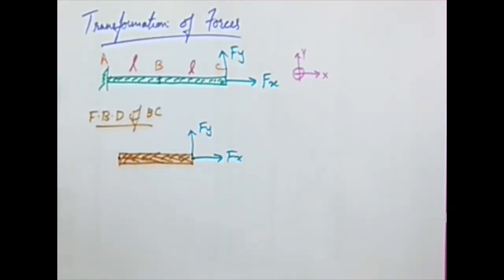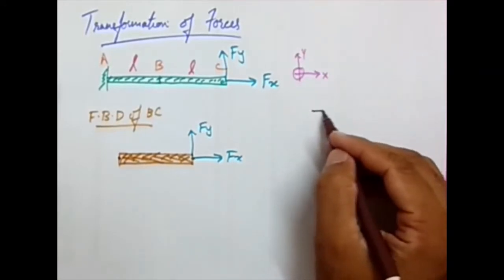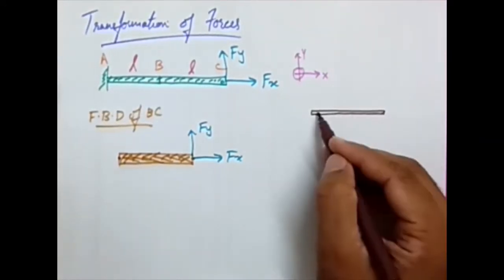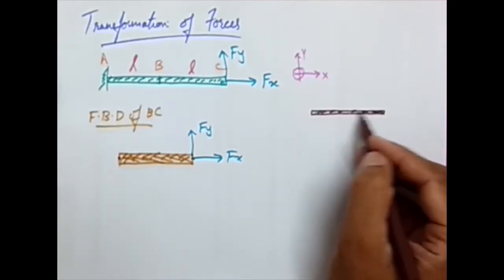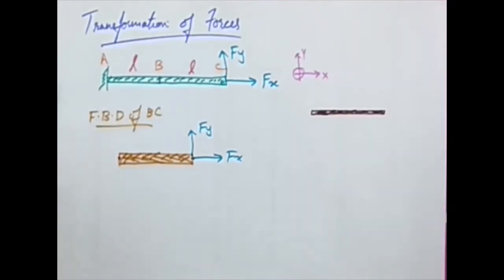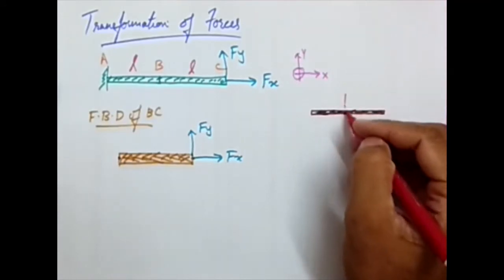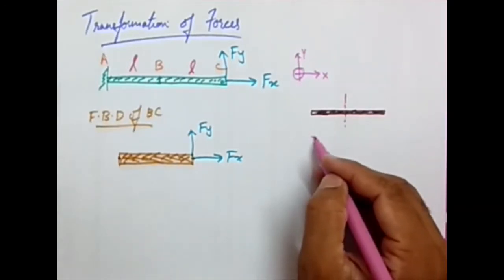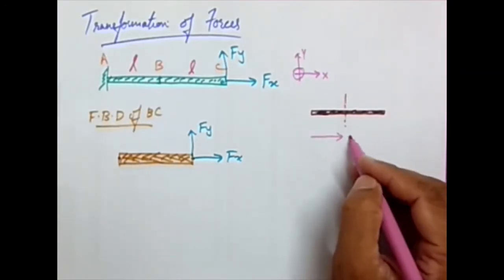Now from the very first module of SA1, you have seen the cases of trusses, and you have learned the method of sections. If you have a truss member, and you take a section in it, we will represent the cut members as forces.